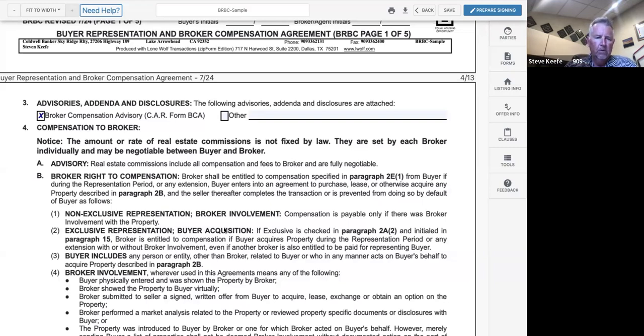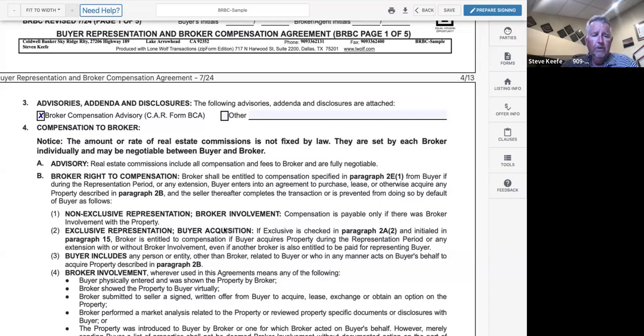So it defines when the broker is due compensation. So non-exclusive, there has to be broker involvement in the property, and we'll talk a little bit more about that later. Exclusive representation means that if the transaction closed or if the buyer did something to default, then the compensation could be due.